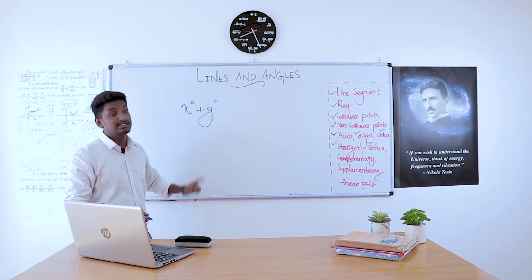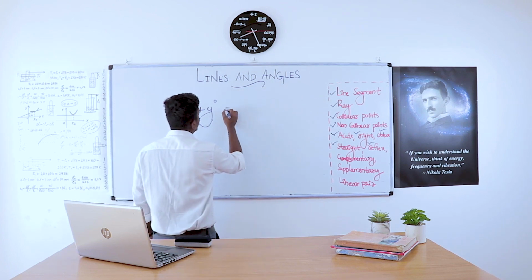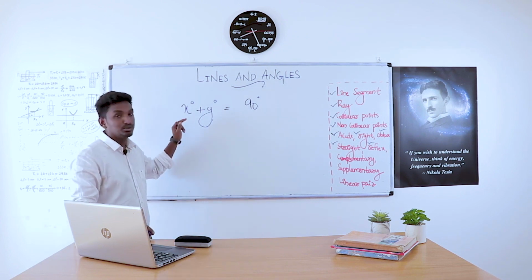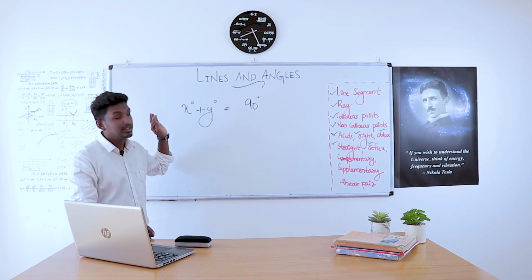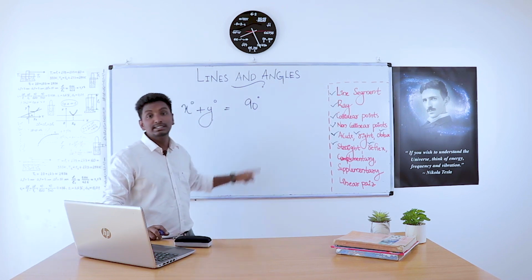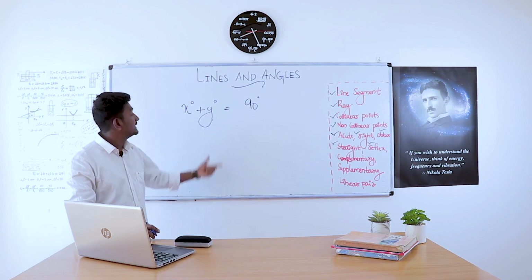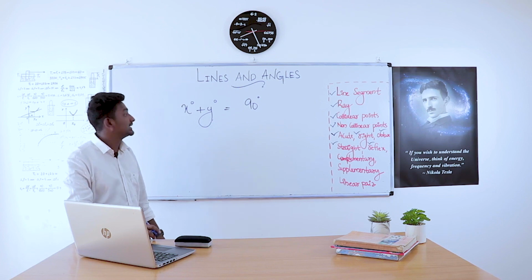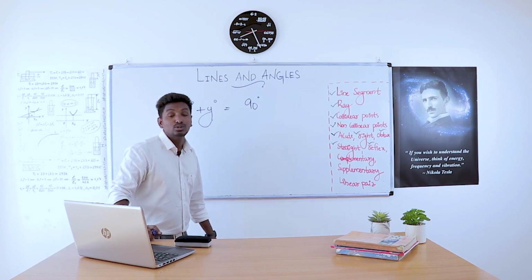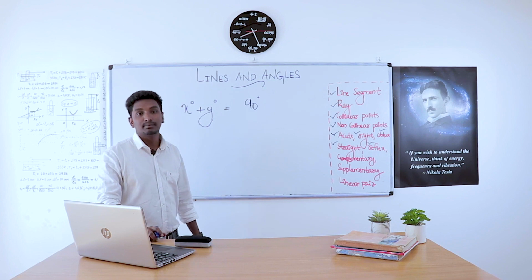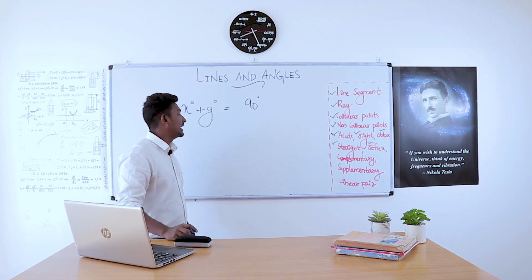When we add x and y together, if we get 90 degrees, that means a right angle, then x and y are called complementary angles. That means the angles whose sum is 90 degrees are called complementary angles.